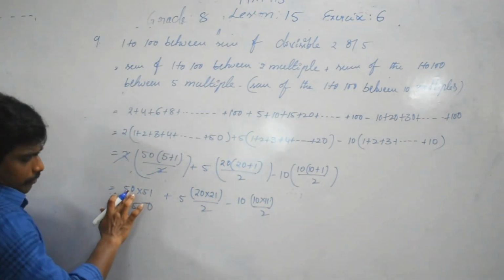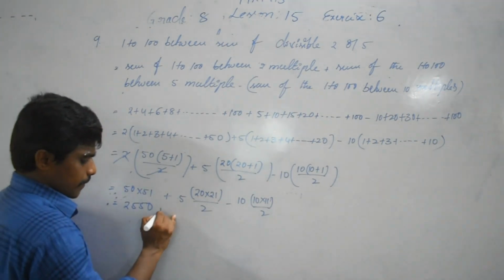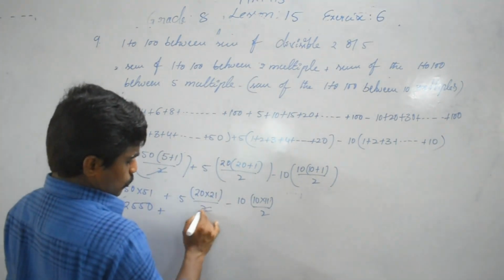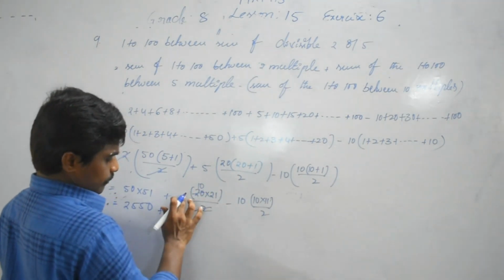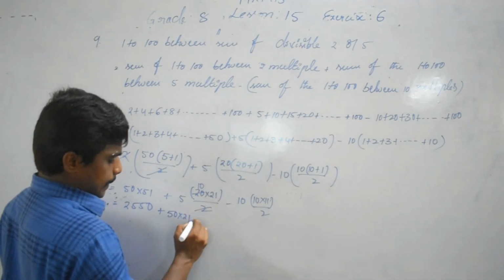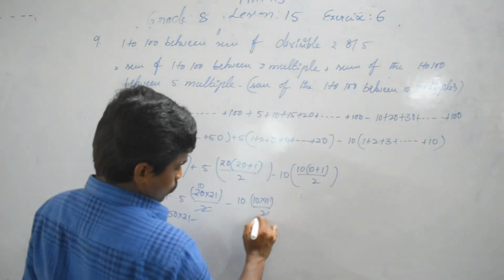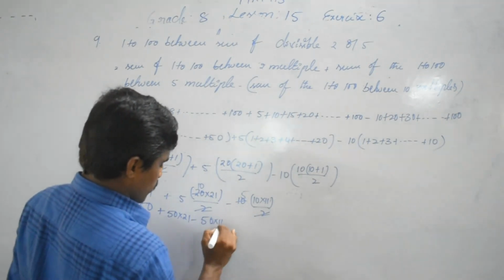So 50 times 51 is 2550, 5 times 210 is 1050, minus 5 times 55 is 550.